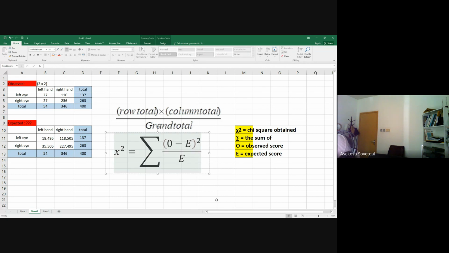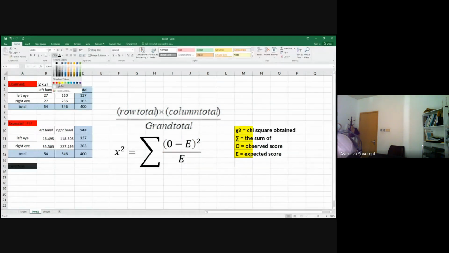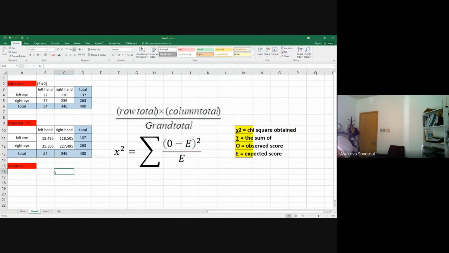In order to make it a more simple way, we can actually calculate the deviation. So from the deviation, we simply can calculate the chi-square. It's not simple, it takes time, you see, for the chi-square, especially for the test of independence.